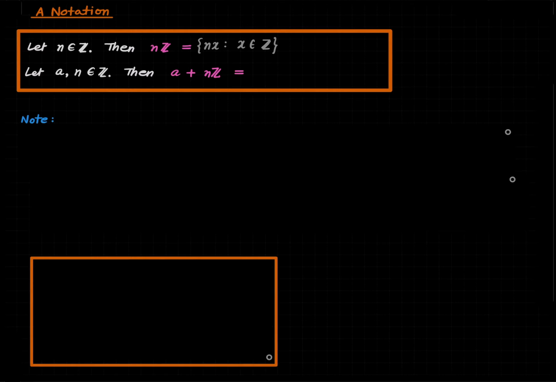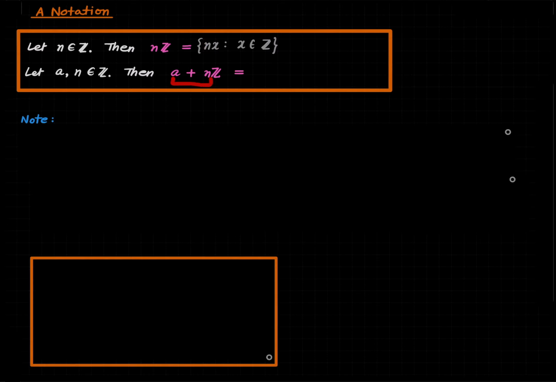So that's the notation. It's a very convenient and appropriate notation. This looks like a product of n with Z. Of course, that's ridiculous. You don't multiply an integer with the set of integers. But the notation is so chosen so that the idea is conveyed very nicely.